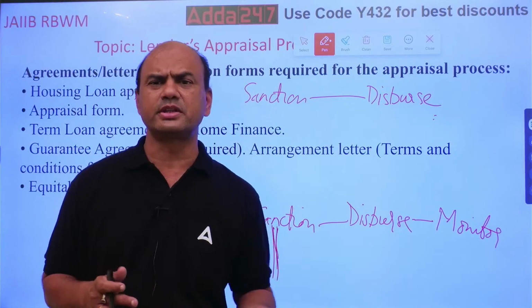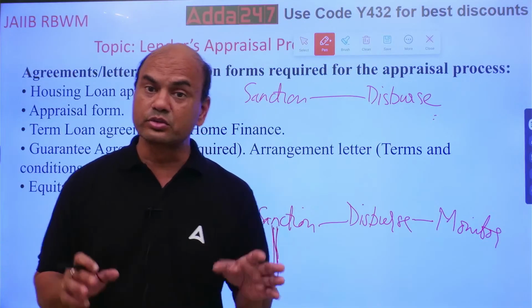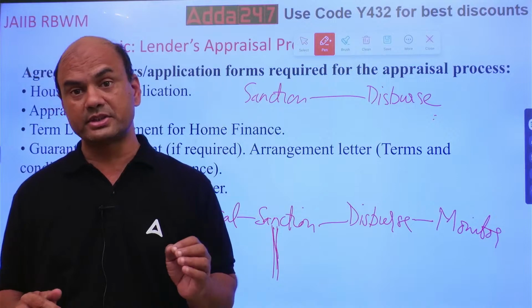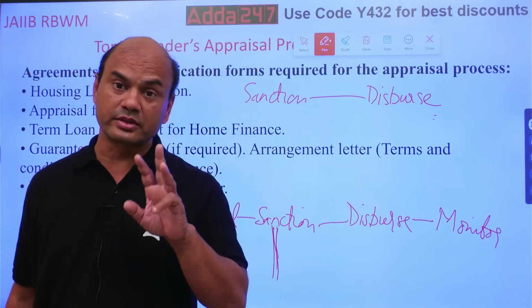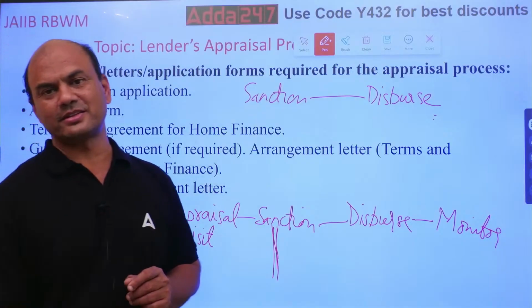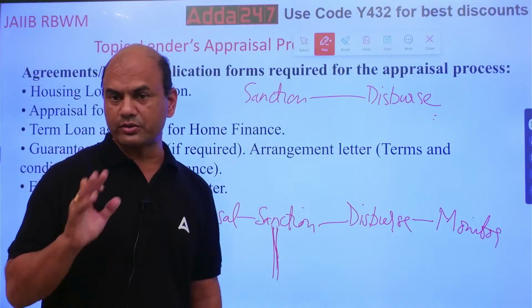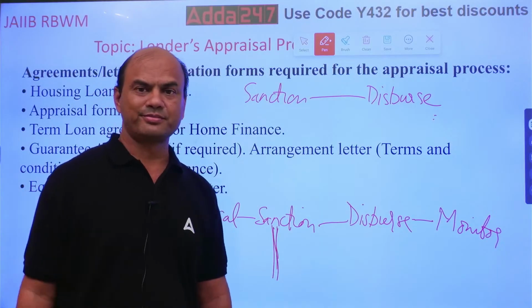It can be an office, a business, a job, anything. So these two places you must definitely visit. And there is also a third place. Which is the third place? Type in the comment section. Where should you as a banker do the visit in loan appraisal?